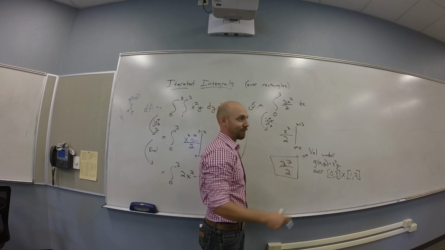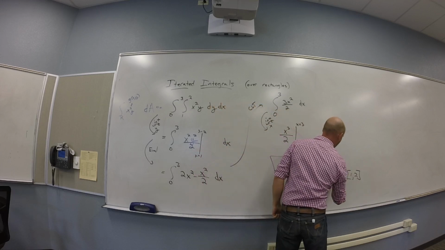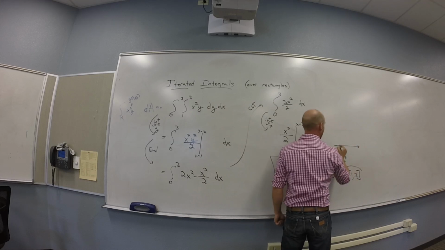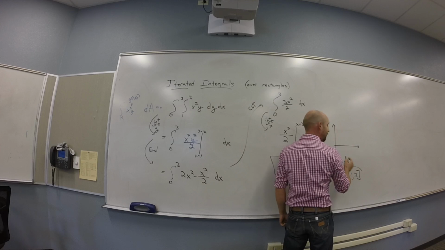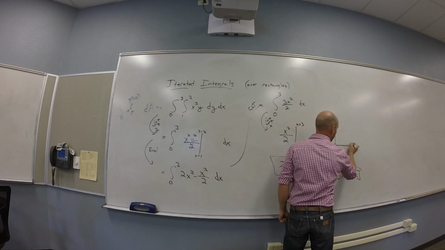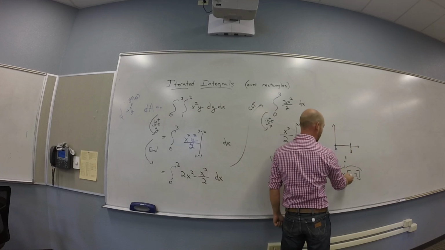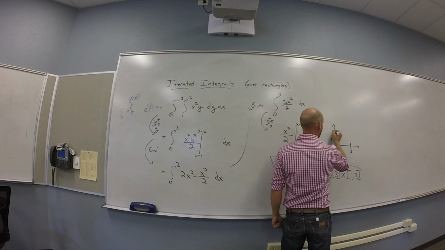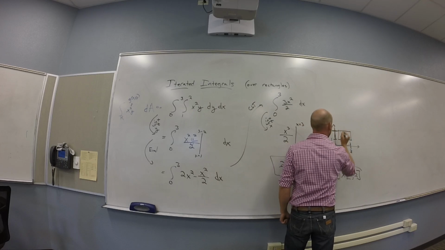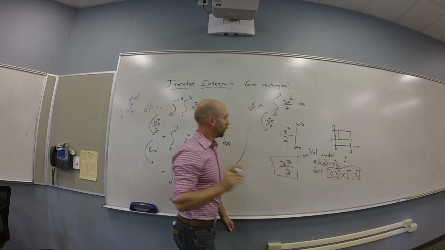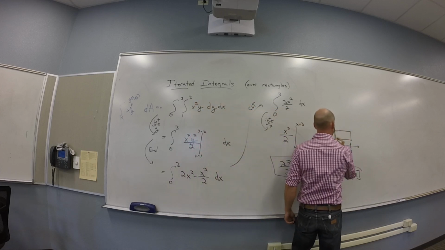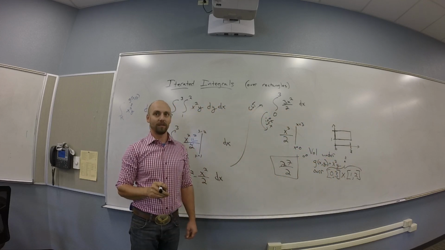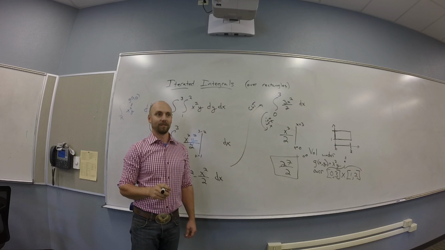So about this thing, you should be thinking x and y, so 0 out to 3, and in the y's we're starting at 1 and going to 2. So the rectangle I'm looking at is this one. You guys with me on that? Okay.